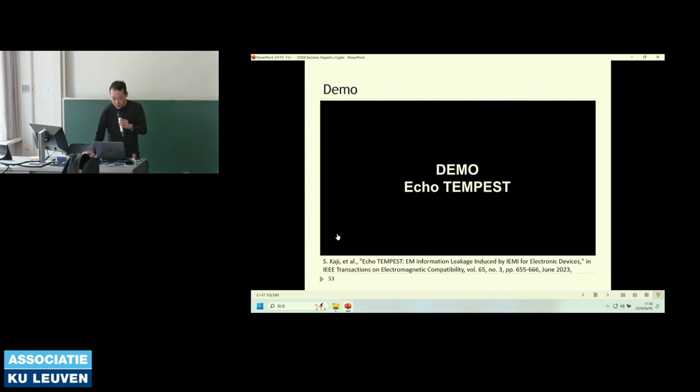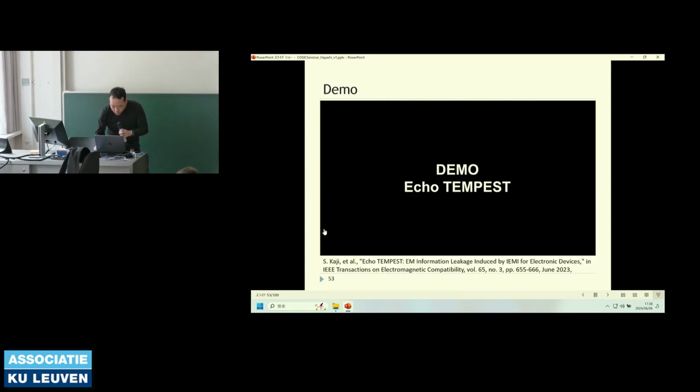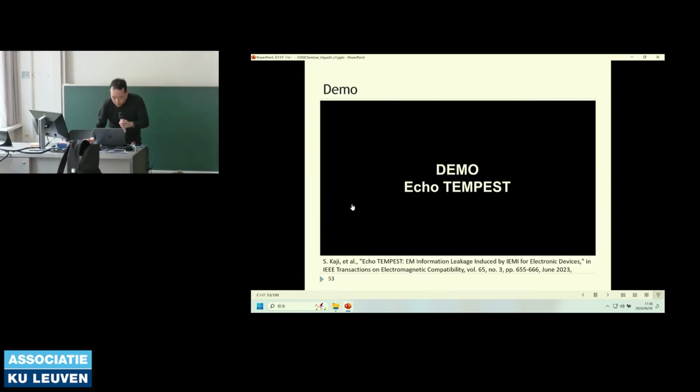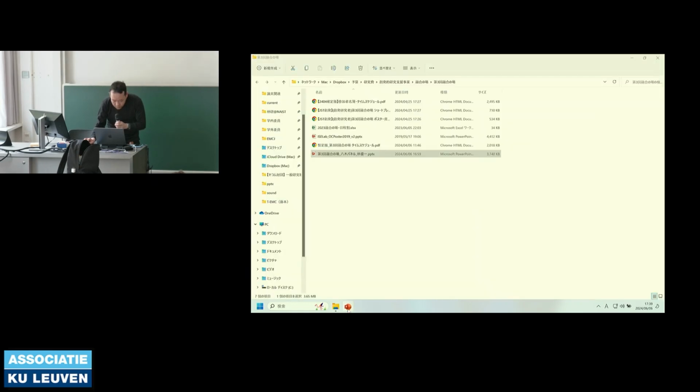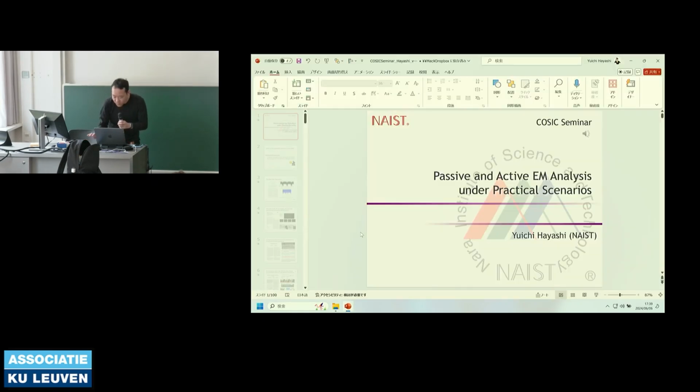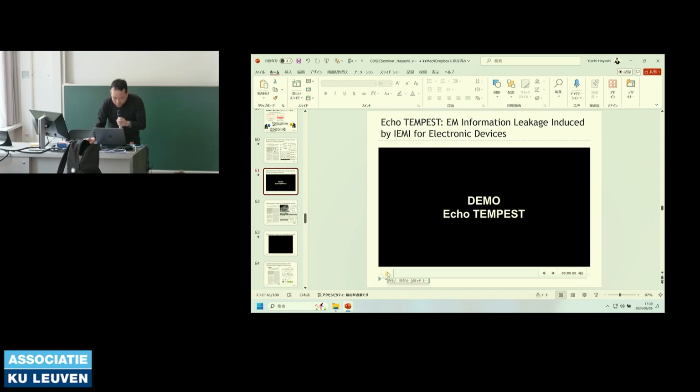Okay, this is the final movie of our experiment. In this example, the target is a keyboard. We irradiate the EM signal and we pick up the key input signal. I will show you directly.